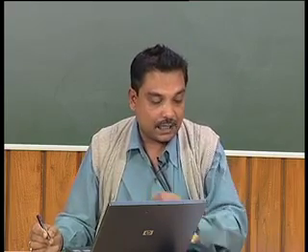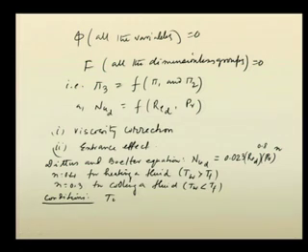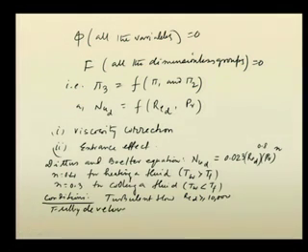So, the conditions are turbulent flow, where Reynolds number based on diameter is greater than or equal to 10,000, then fully developed flow. What does that mean? No entrance effect.